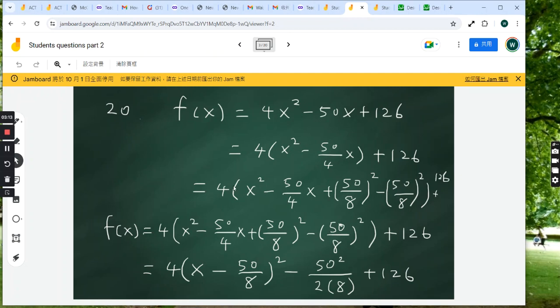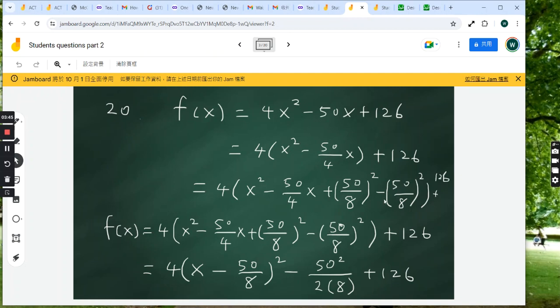Now here we want to convert these two terms into x plus or minus something, and then square that, making use of the square of a difference formula. In order to do that, we artificially add 50 over 8 squared, and this addition is artificial, right?